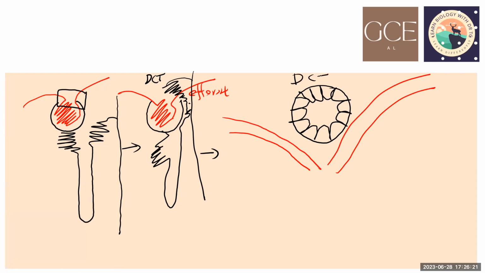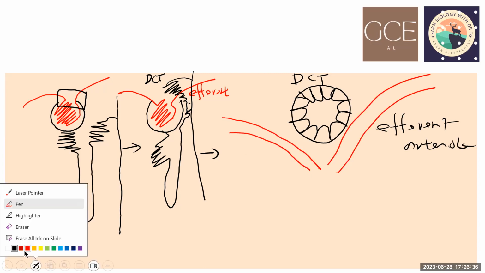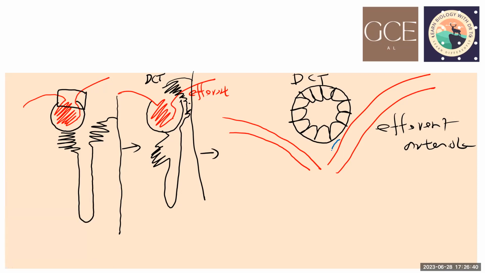Distal convoluted tubule, efferent arteriole. Now on the efferent arteriole side, there is a collection of cells very closely attached to the efferent arteriole.